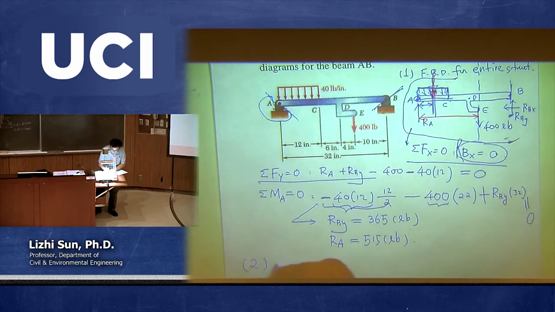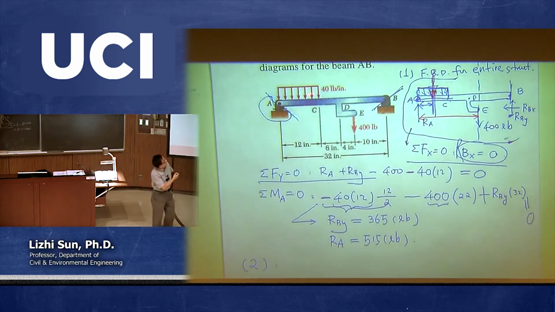Now let's move to the second step. So starting from the second step, first of all, we need to determine what's the minimum number of cuts we have to deal with. Okay? So back to this picture we have here. So obviously we're going to try to assume we are traveling from point A all the way to point B. Okay?